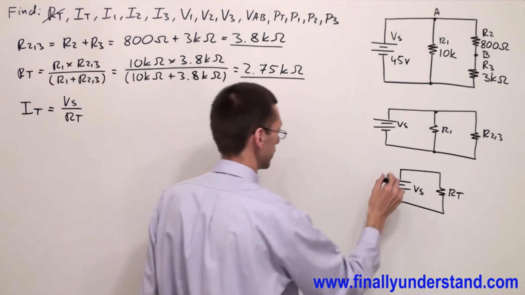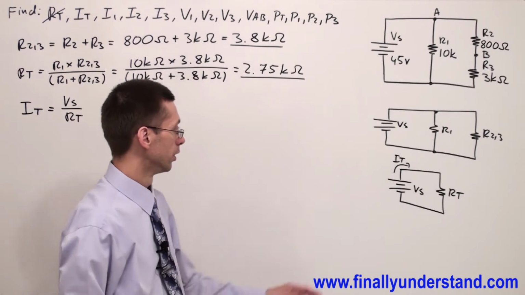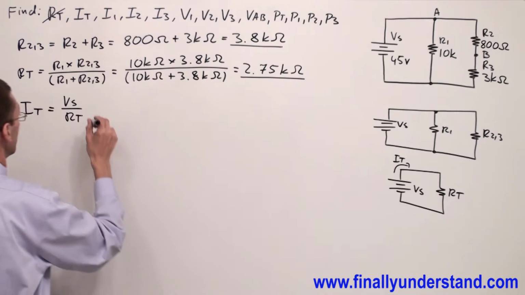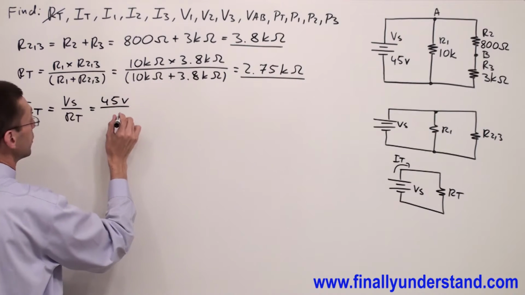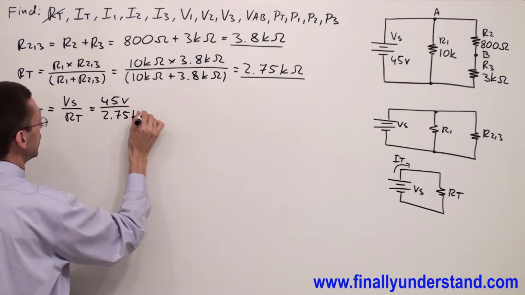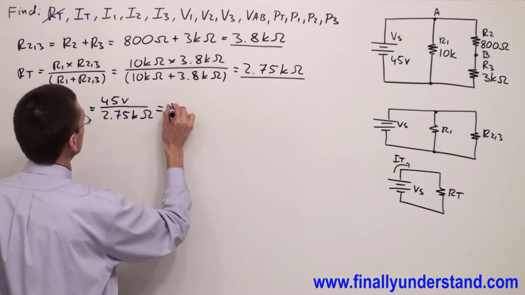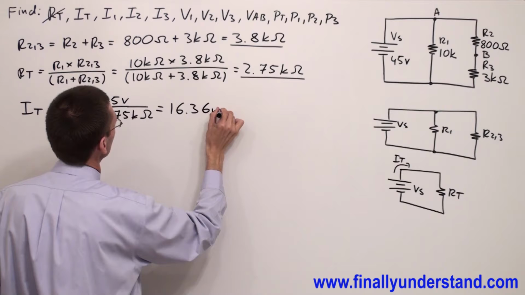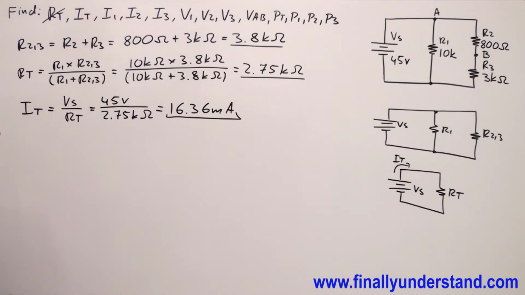So in order to find I total, I'm going to use Ohm's law. I total is equal to voltage source over R total. So voltage source is equal to 45 volts over R total, 2.75 kilo ohms. Everything is equal to 16.36 milliamps. Okay, so this is my I total.